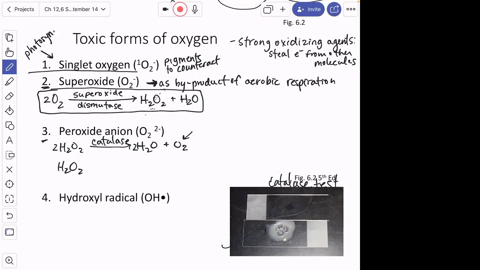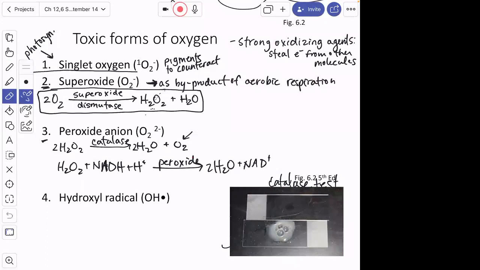And I don't memorize these reactions, but the enzyme itself is more important. Here, you don't get oxygen as a byproduct. Okay, so actually, whoops, not peroxide.